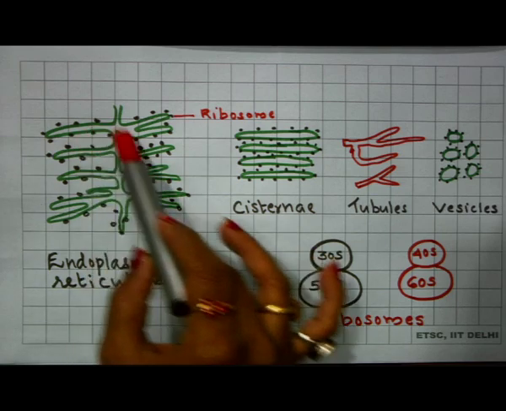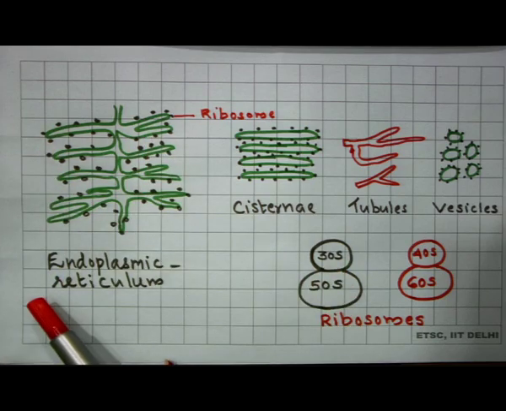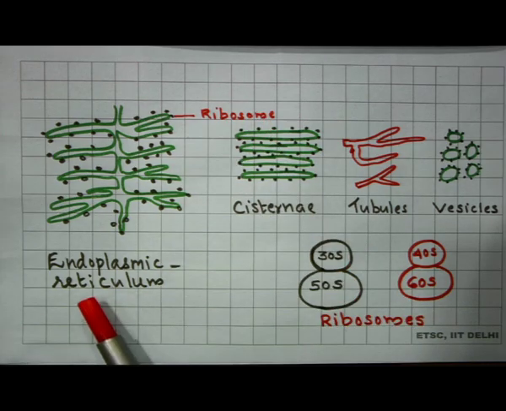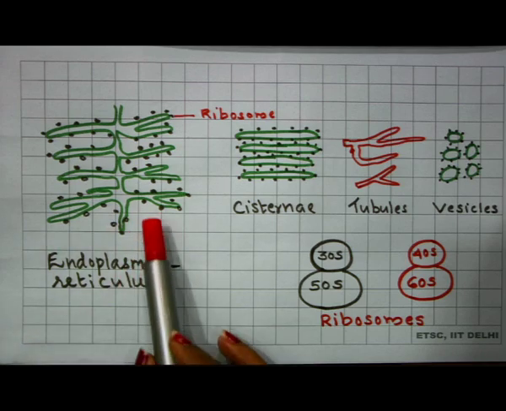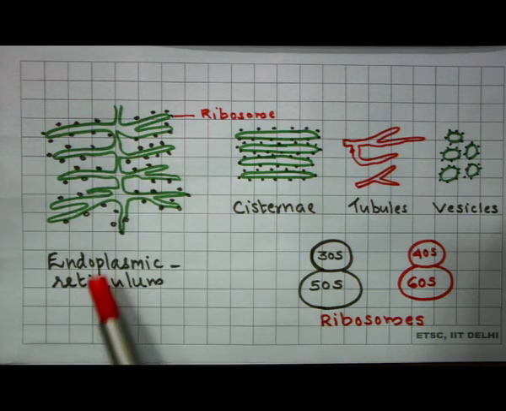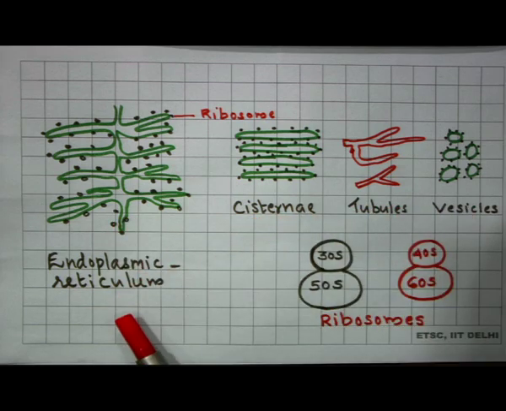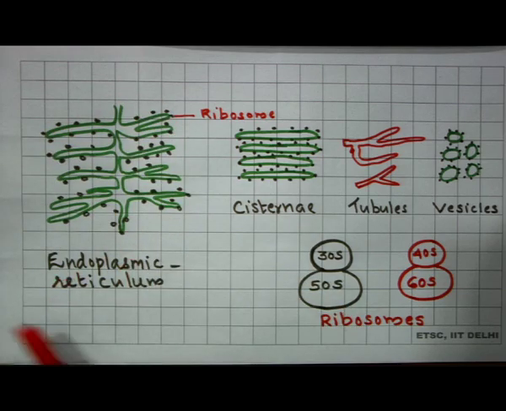Here you can see some of these spherical particles, we can call them ribosomes. So, this network-like structure is made up of different components. When we analyze this, we can see three distinct components and they are seen in the endoplasmic region of cytoplasm.